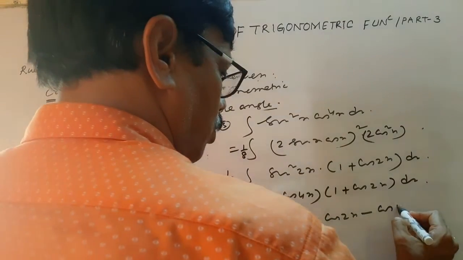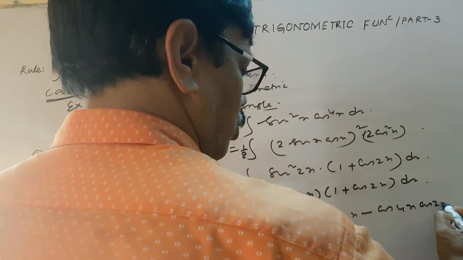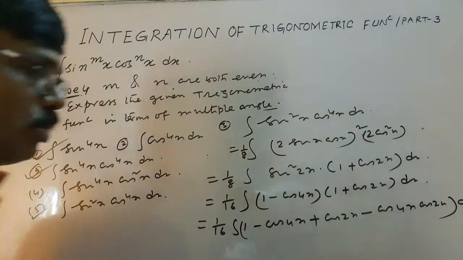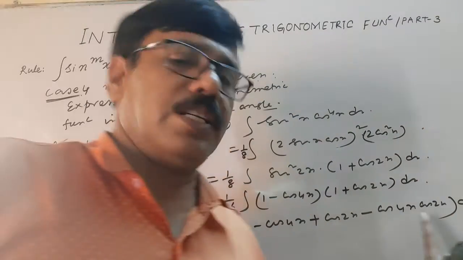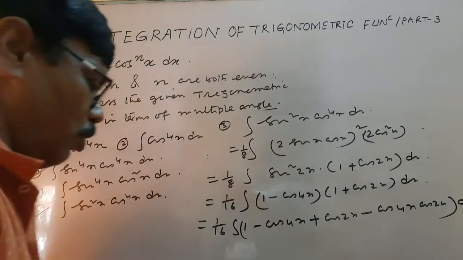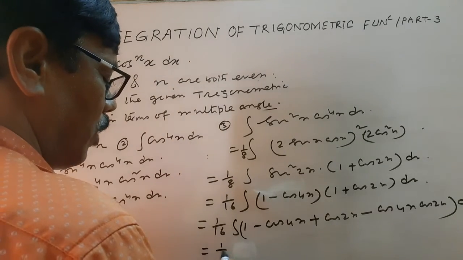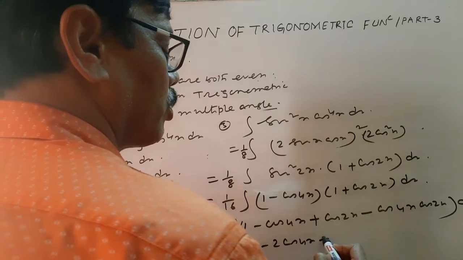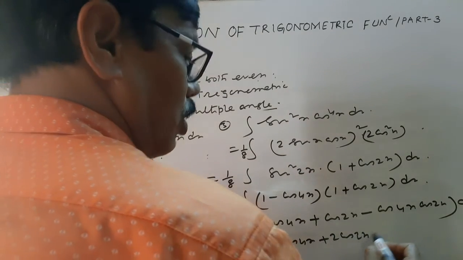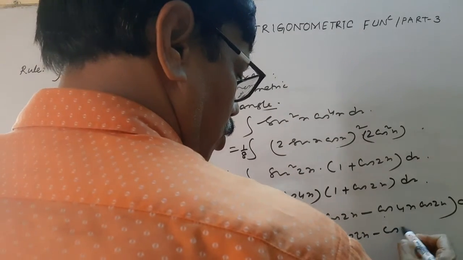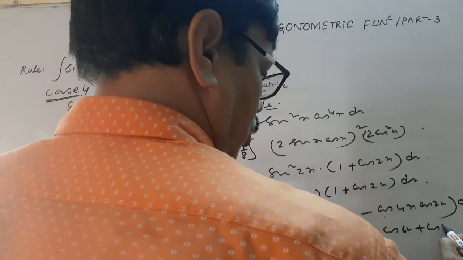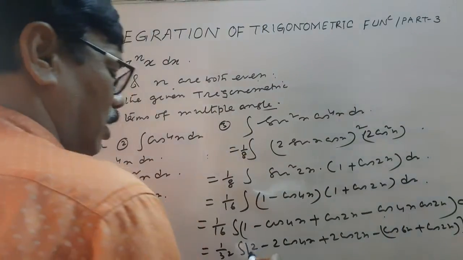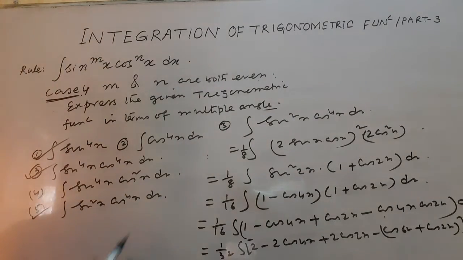This is cos 4x into cos 2x dx. So it is in product form. So last step, 1 by 32, 2 minus 2 cos 4x, 2 cos 2x, 2 cos a cos b. So cos 6x plus cos 2x. Total. Now simplify.